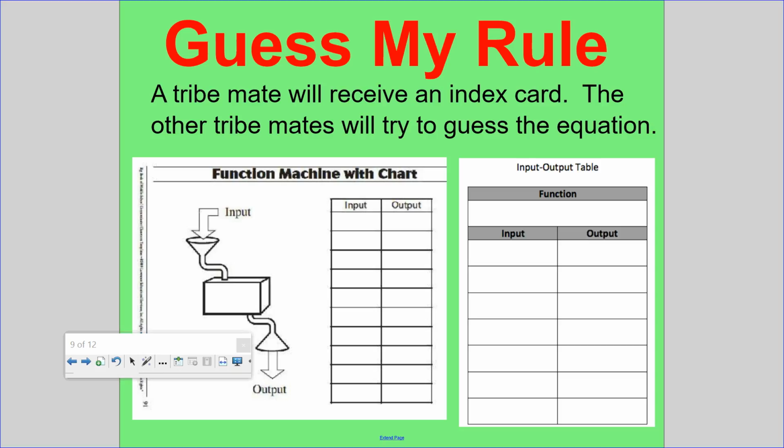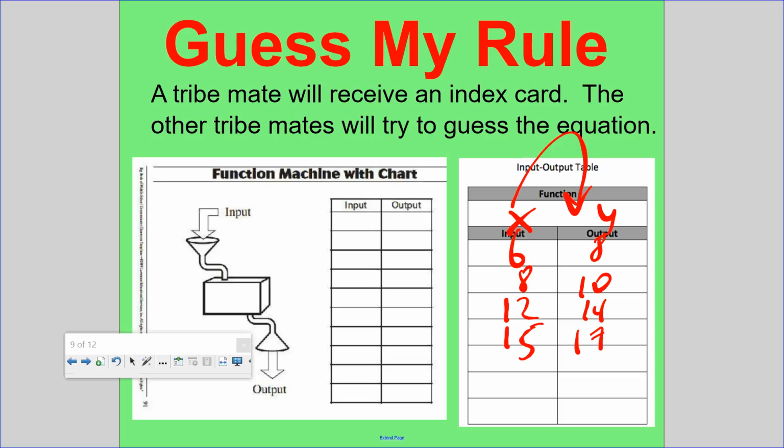The last activity we're going to do in class is you're going to be given a table such as x: 6, 8, 12, 15 and y: 8, 10, 14, 17. Can you find a relationship here? How do you turn 6 to 8, 8 to 10, 12 to 14, 15 to 17?